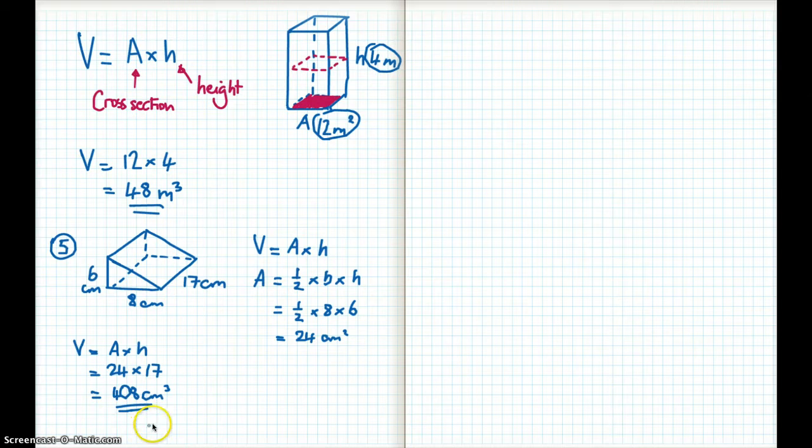Alright, so if we have other shapes, I can make up any shape in fact, and you have an example that one of the questions that you have to do in the book is a shape like this.